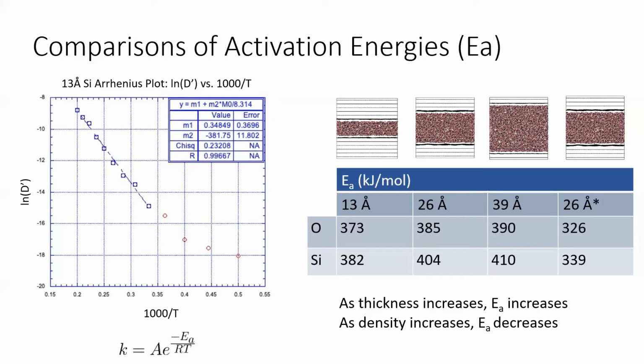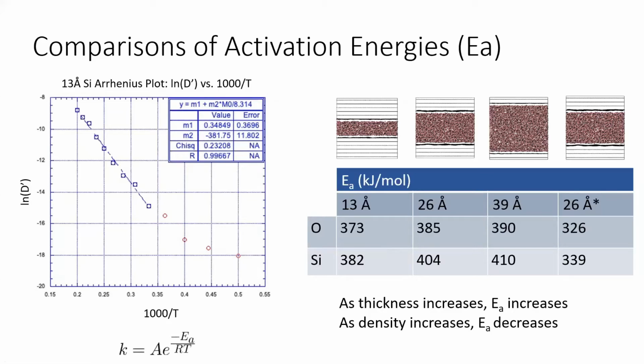This is basically what I'm doing here in the graph on the left. This is for the 13 angstrom model for Si atoms. I extracted the activation energy here, which is 382 kilojoules per mole, and it is the number that you see right next to the M2 column.